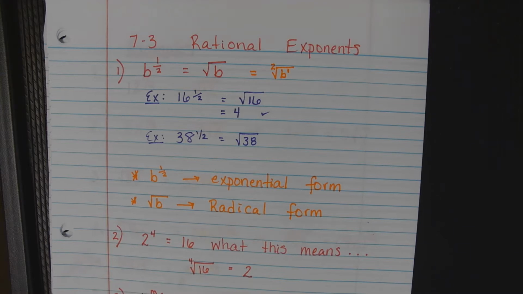What is 1 squared? 1. 2 squared is 2 times 2, which is 4. 3 squared, 9. 4 squared, 16. 5 squared, 25. 6 squared, 36. 7 squared, 49. 8 squared, 64. 9 squared, 81. 10 squared, 100. 11 squared, 121. 12 squared, 144. 13 squared, 169.